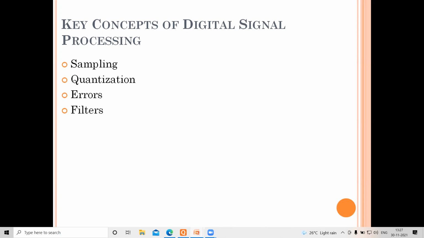I'm asking the literal meaning. I know that you'll say when Fs is less than Fm you'll have this problem, yes, undersampling. But what do you mean by aliasing? What does aliasing mean? I don't know Marathi, but please tell me what aliasing means.